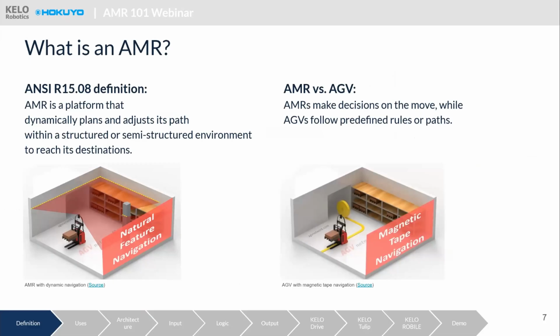So let's talk about the AMR, the autonomous mobile robot. First, we take one official definition of the AMR, which we took from the ANSI norm R15.08. I will just read it. AMR is a platform that dynamically plans and adjusts its path within a structured or semi-structured environment to reach its destinations.